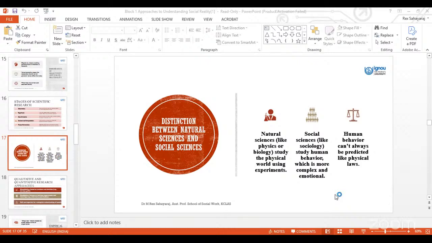If you Google it, there is a sampling calculation. For that, you should know the population size. Population means your study population. For example, I want to study the behavior of students doing a diaspora course at IGNOU.